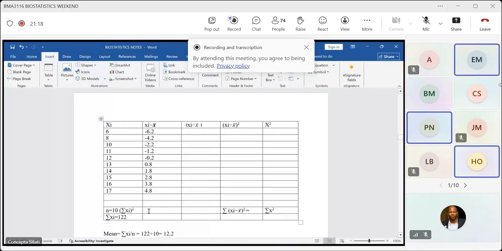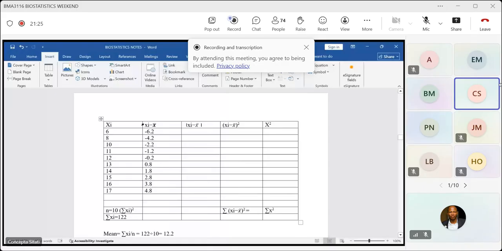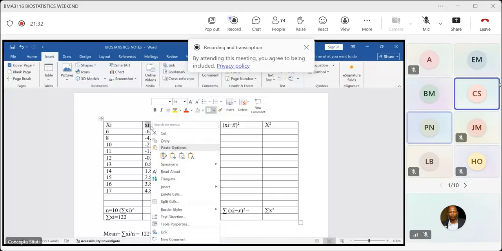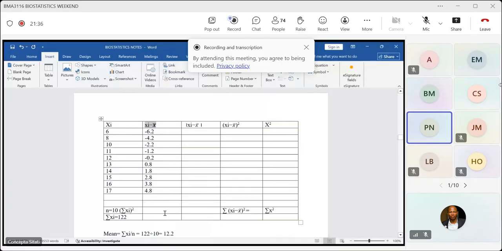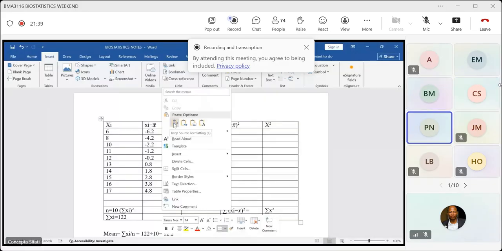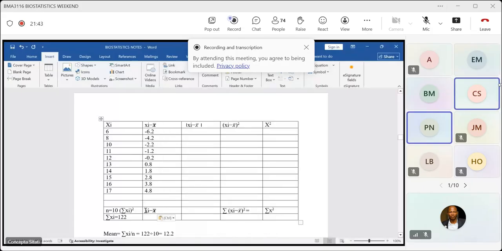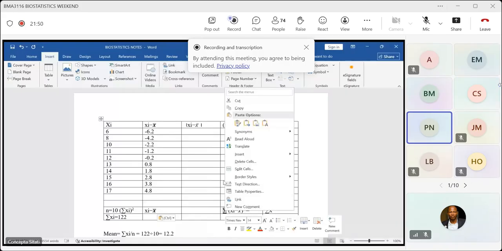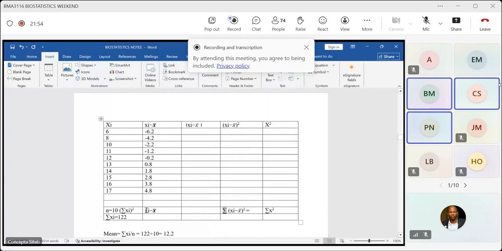What is the total? The total there is 0.